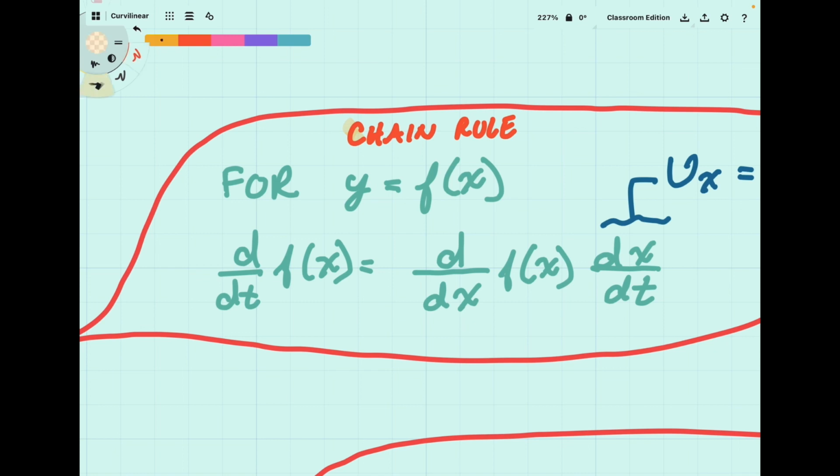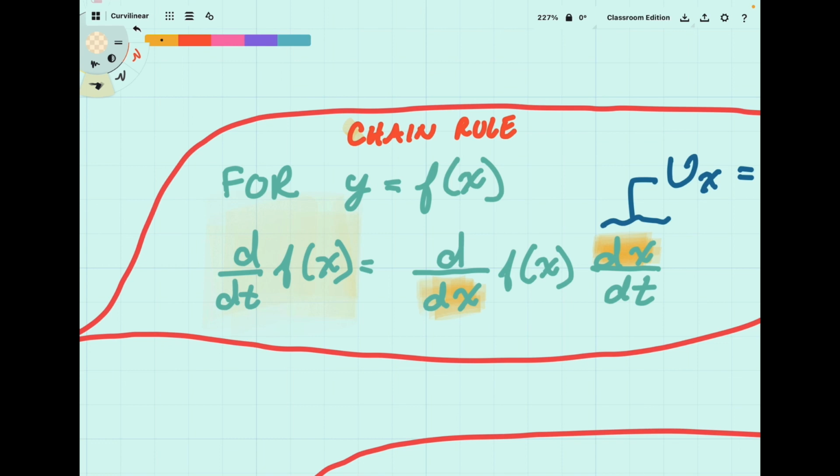If you're trying to take the time derivative of a function that's given in terms of x and y, so in this case y is a function of x, what you can do is just write your expression out by expanding and adding this dx term.